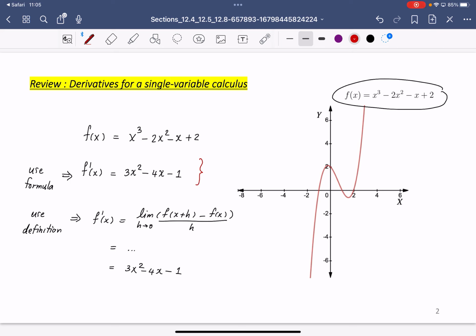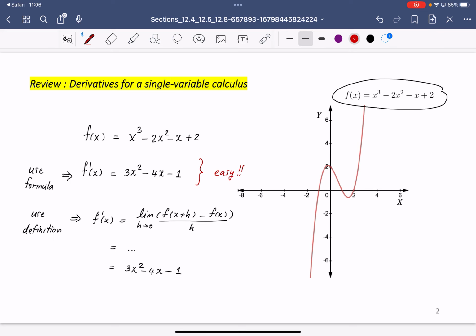The first one is a little bit easy, right? Using the formula is always easy and handy, because you don't have to compute a limit and you don't have to do something complicated.